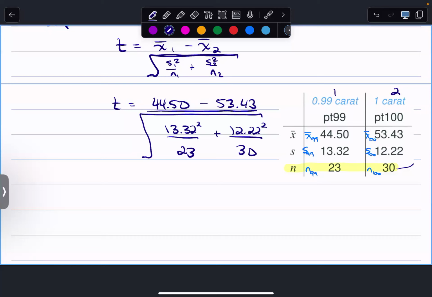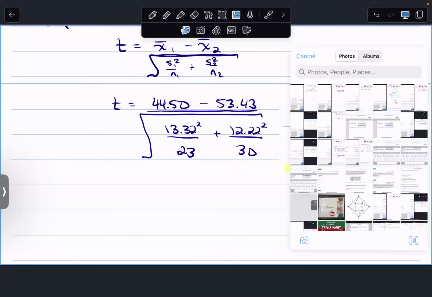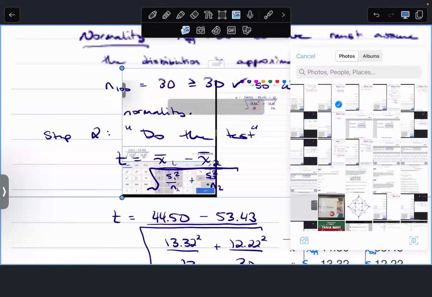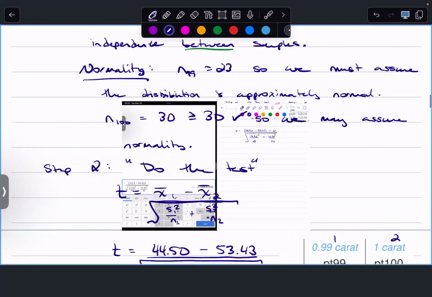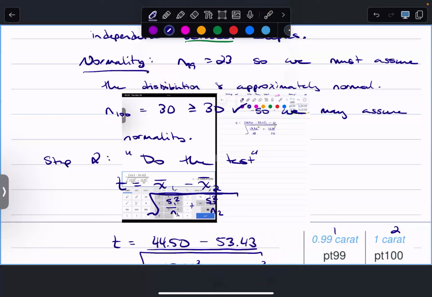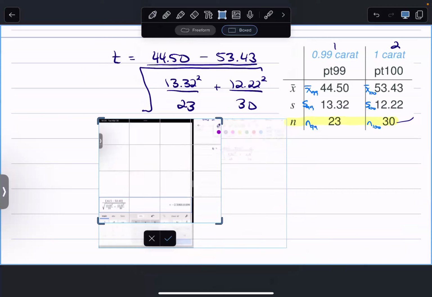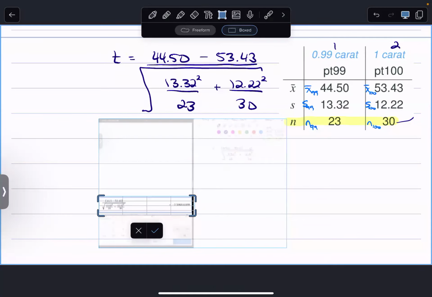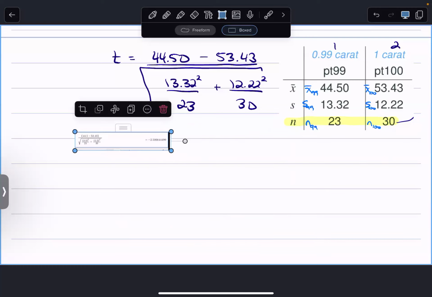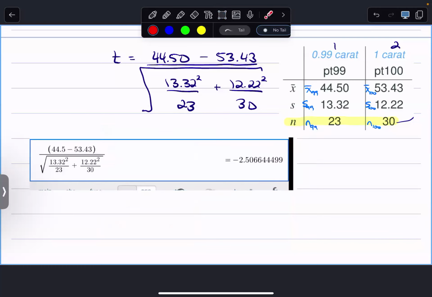Now I'm going to cheat because I have a screenshot already. And really make sure when you're practicing and going through these, even though we're just grabbing the T from my calculation here, that you get the same thing using your calculator.